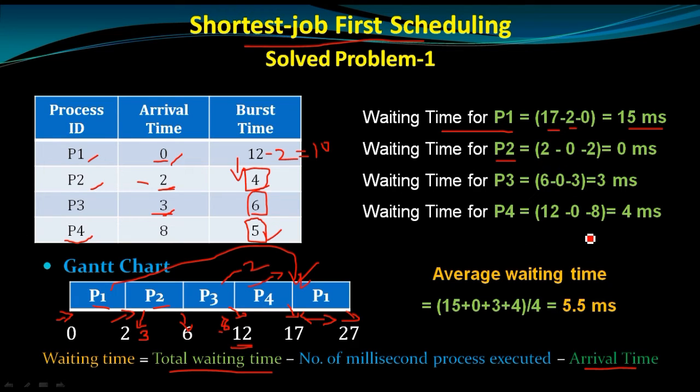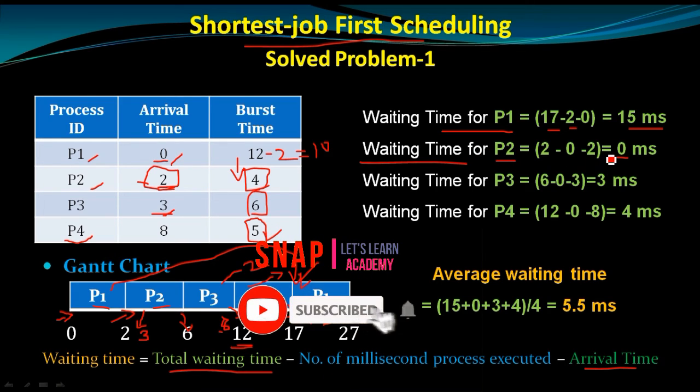So 2 minus 2, 0 millisecond. So the waiting time of the P2 process is 0 millisecond. At the 2nd millisecond, when it arrives, immediately it is occupying the CPU, hence the P2 waiting time is 0.